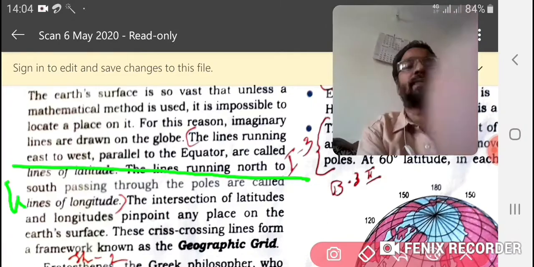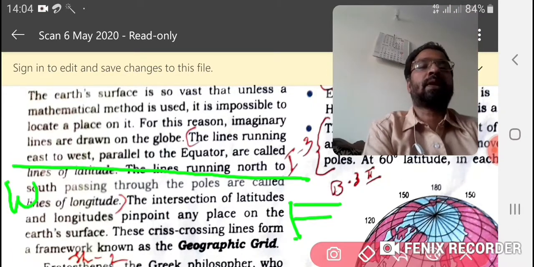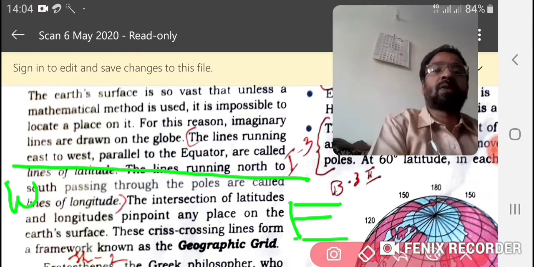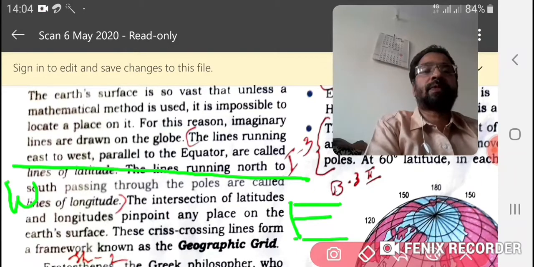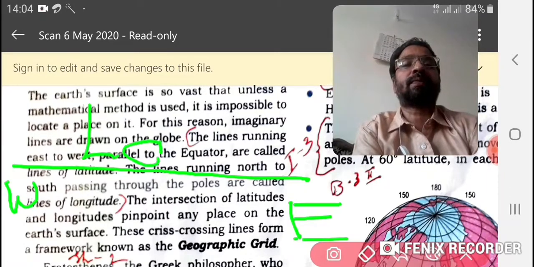This is west, this one is east. The line running east to west is known as latitude.